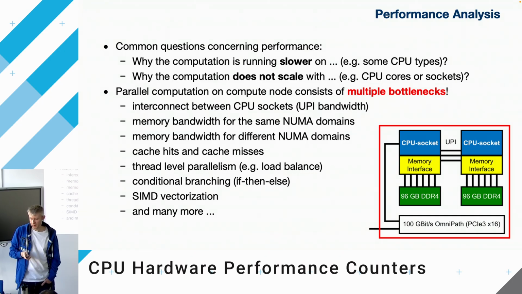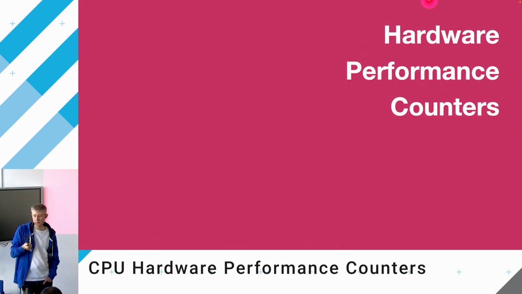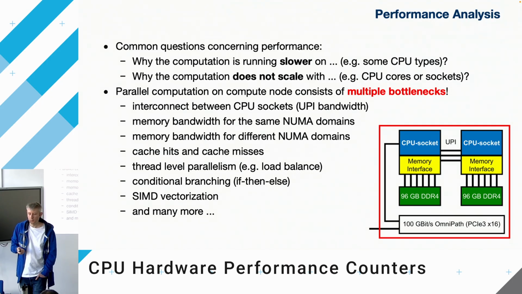Now we can take a look at these hardware performance counters that were already teased, where we can look at a lot of these metrics that are measured by the CPU architecture itself, by the CPU, and then we can use these metrics to figure out our bottleneck.